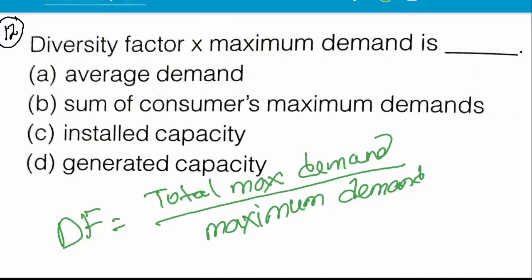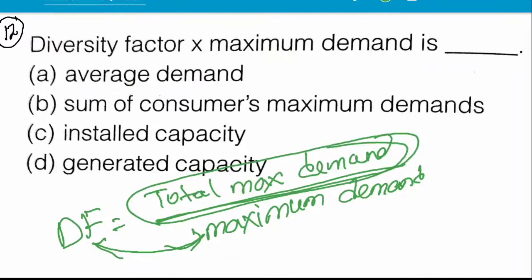Here it is given diversity factor into maximum demand, that means this into this, so this will be the total maximum demand. So this will be option B, sum of consumers' maximum demands.